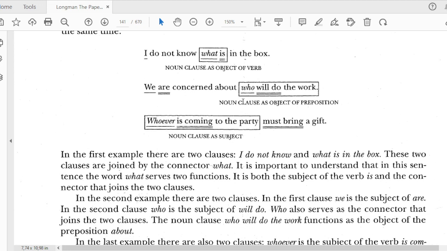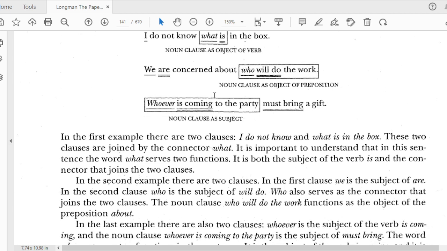I don't know what it is. I don't know what is in the box. We're concerned about who will do the homework. He is coming.